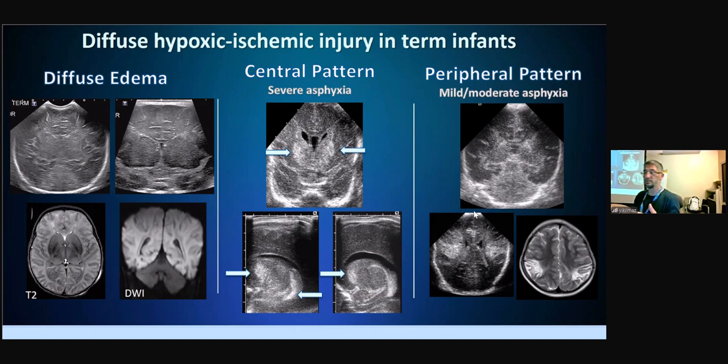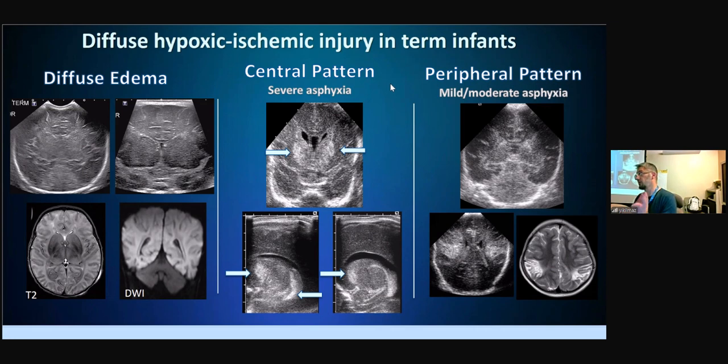On the ultrasound, the finding we can see can be diffuse edema. This is usually the initial finding. You can see some brain swelling, loss of cortex white matter differentiation, effacement of the ventricles or pericerebral spaces, and this is the MRI correlation, diffuse edema.